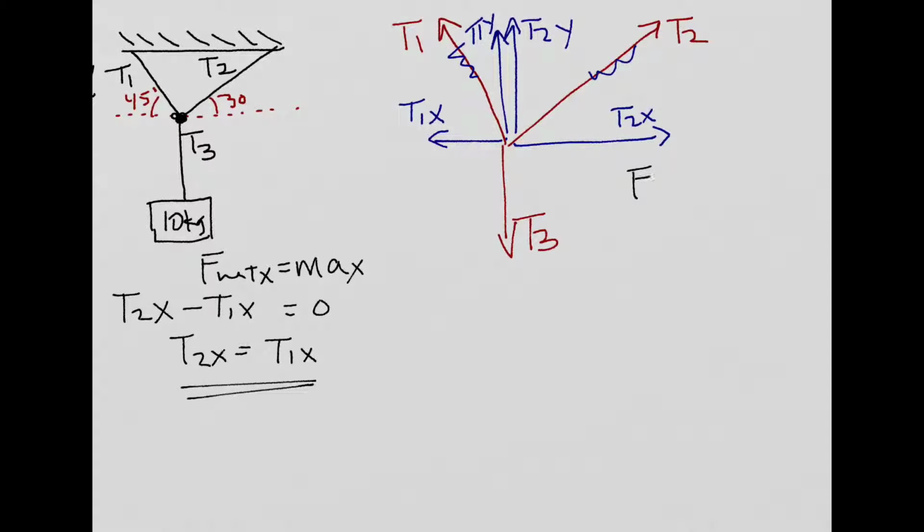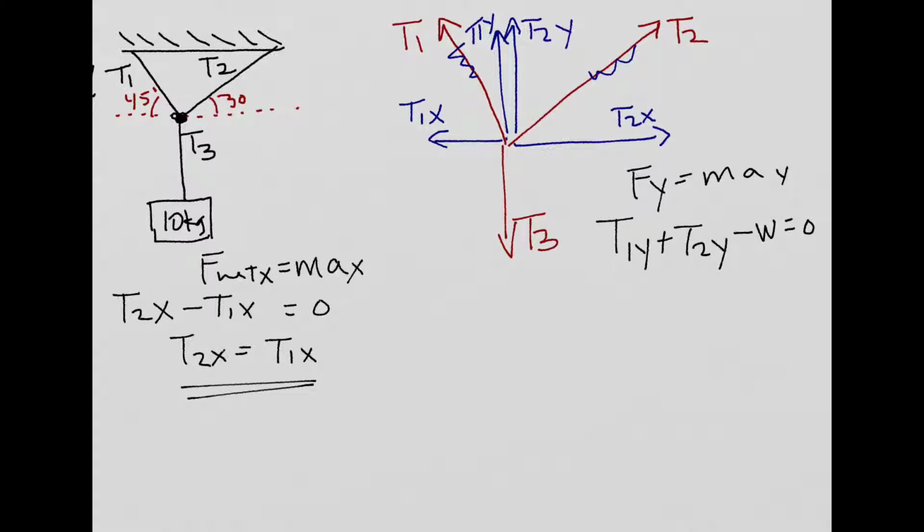In the y direction, we have the forces in the y direction equals MAY. So that's T1y plus T2y minus W equals 0.